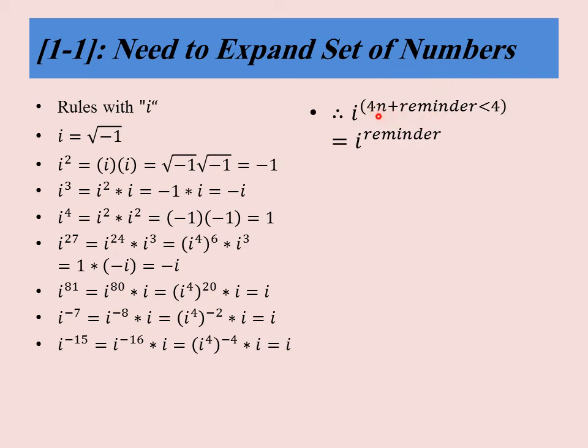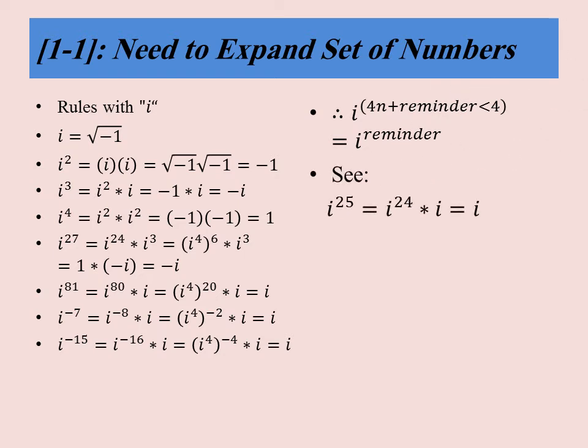So i raised to the power 4 is going to be 1, and the remainder is going to be a power, and the result is going to be either i squared, which is -1, or i cubed, which is -i. And if there is a power of 4, it is going to be added to the multiple.